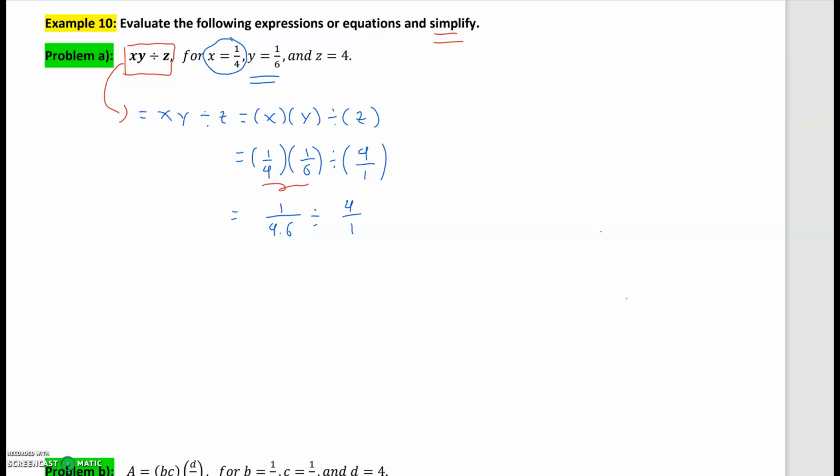And then we're going to end up with 1/4 times 6 times 1/4, or 4 times 4 times 6, which happens to be 1/16 times 6, which in this case is going to be a 6, and you carry 3, so 1/96.